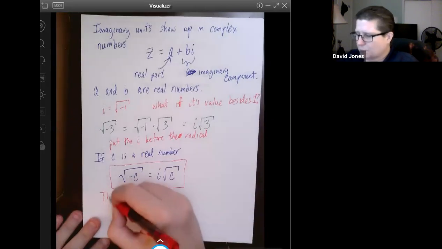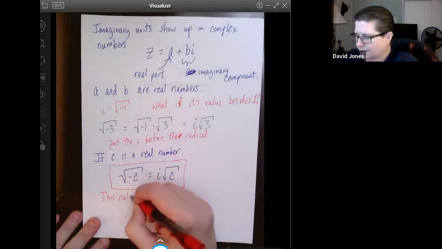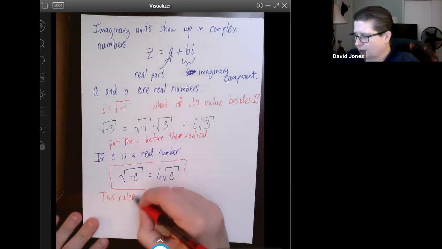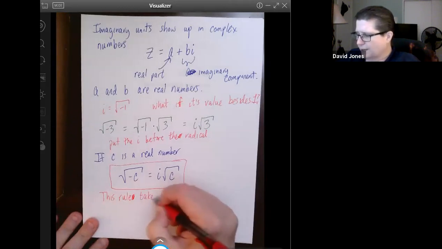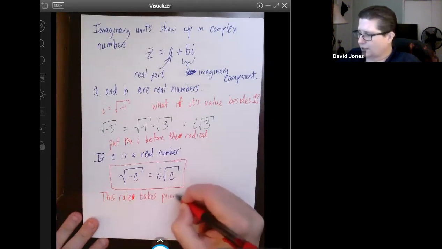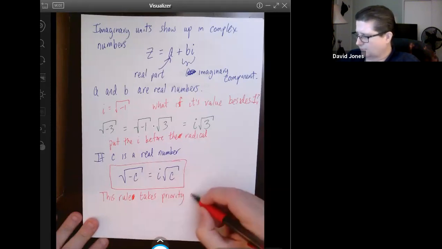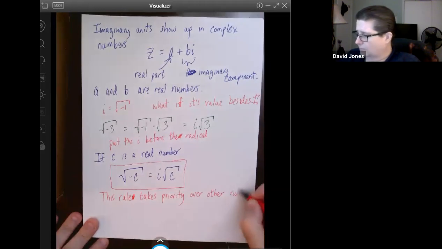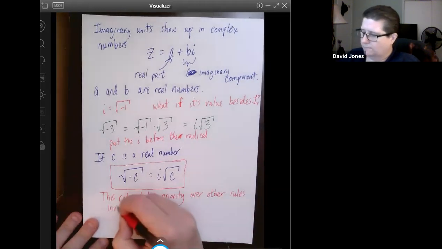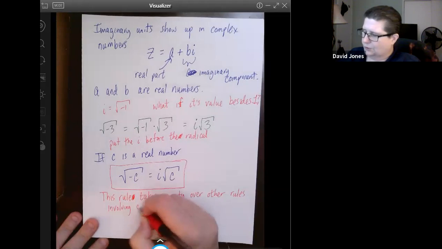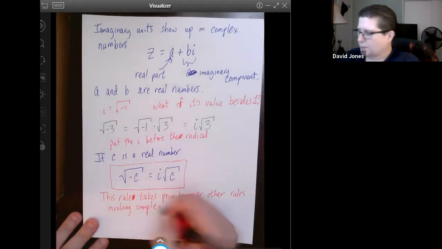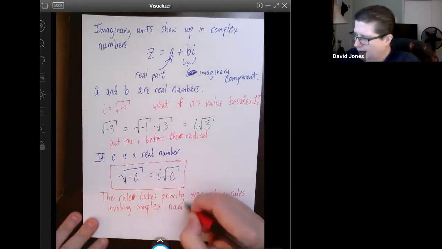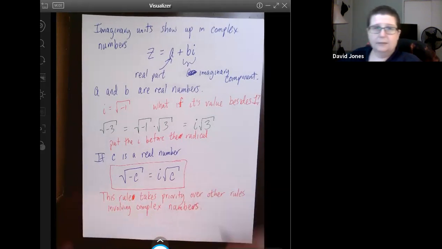This rule takes priority over other rules involving complex numbers. And you'll see when we get to a spot where you can break the game by not following this rule, I'll show you.